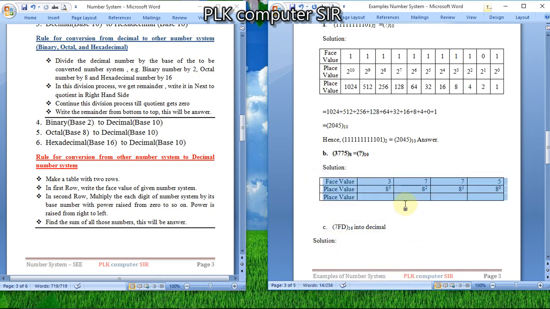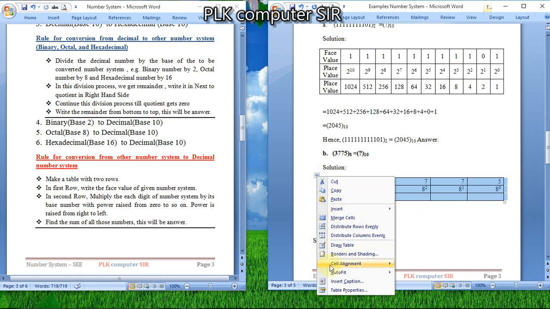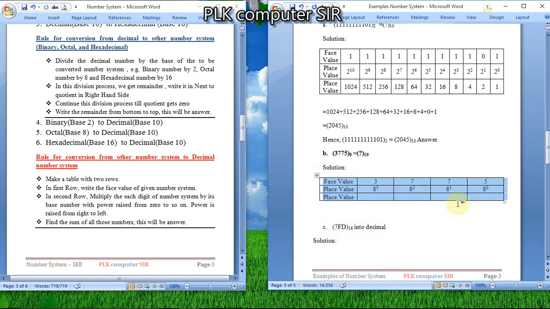Now anything to the power 0 is 1, so 8 ones are 8 only. 8 into 8 will be 64, and if we multiply 64 by 8 it will be 512, my dear students.